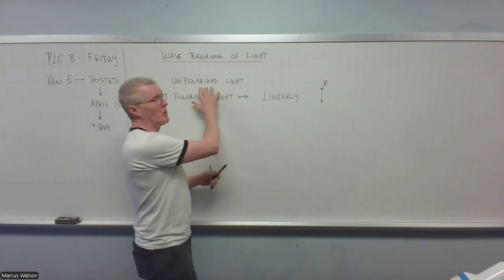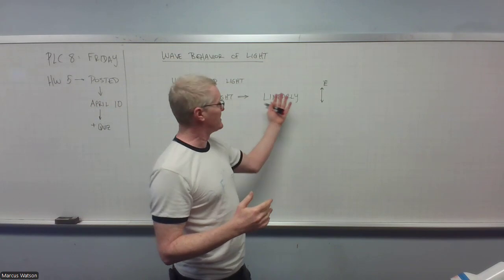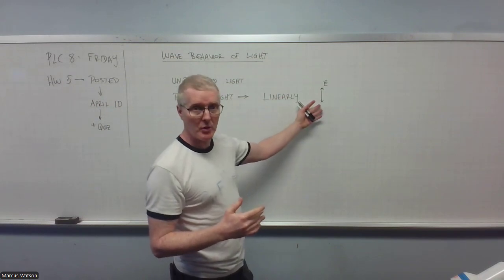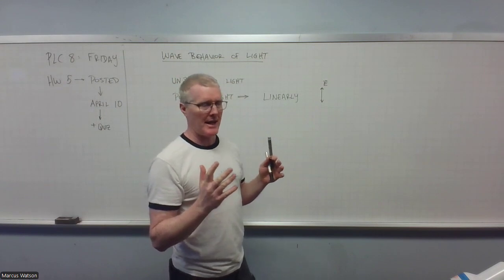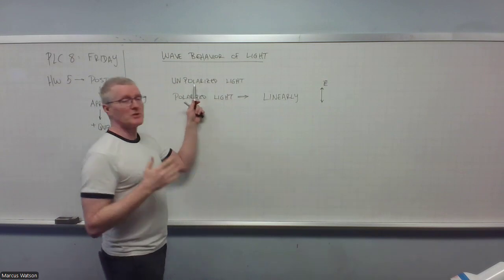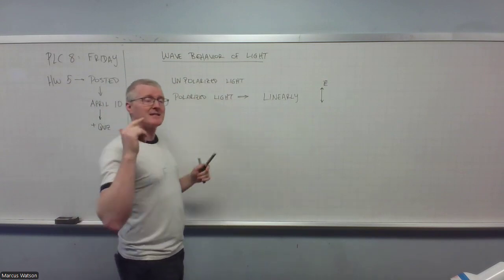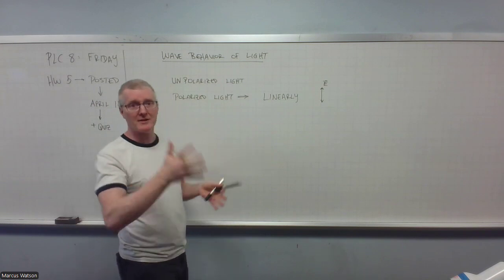When we take unpolarized light and shine it through a polarizer, what we get is linearly polarized. Now, I can certainly take that polarizer and orient it in different directions, which is telling you that the unpolarized light has various spatial components of the electric field, and we can take advantage of that.